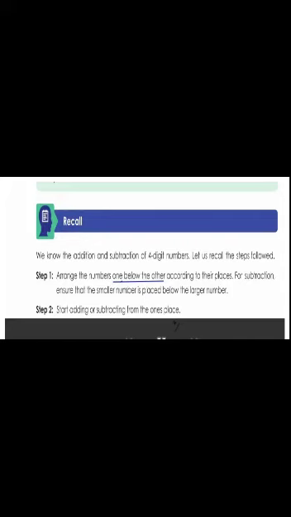Now, second point, he says always start adding or subtracting from the ones place only. And for the subtraction, be sure that the greater number is written on the top, and below that only the smaller number we have to write. We can't subtract a bigger number from the smaller number, so always place the bigger number on the first line and the smaller number in the second row.